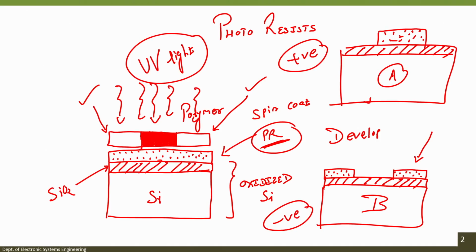If the photoresist is negative, then the area which is not exposed gets weaker. Easy. So, a very important point when you understand photolithography is your photoresist.